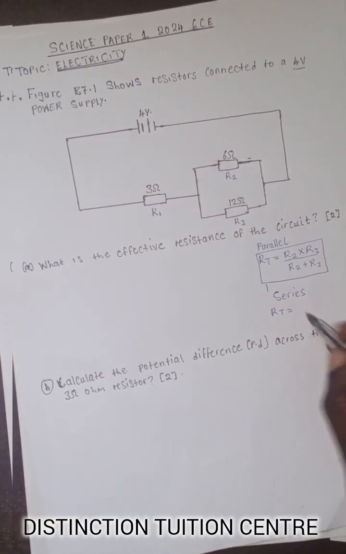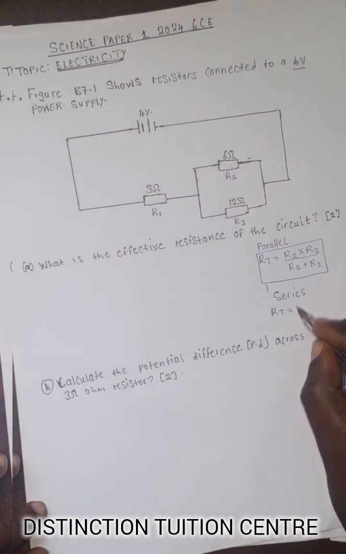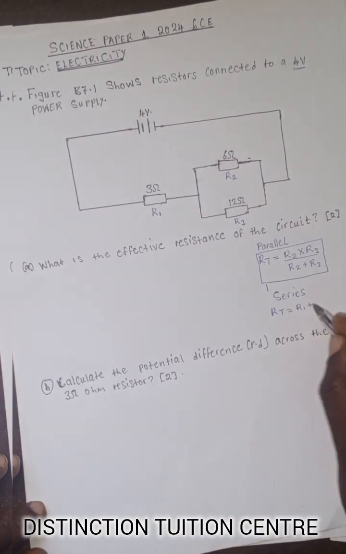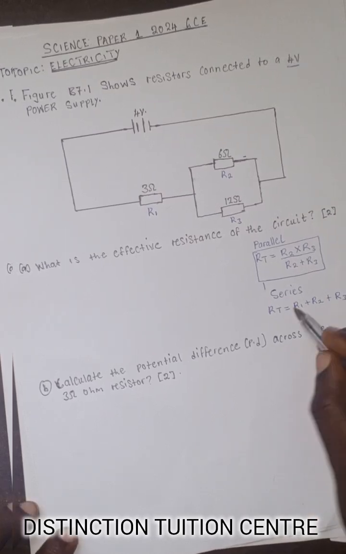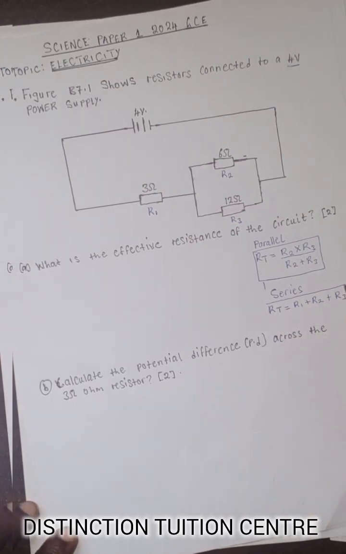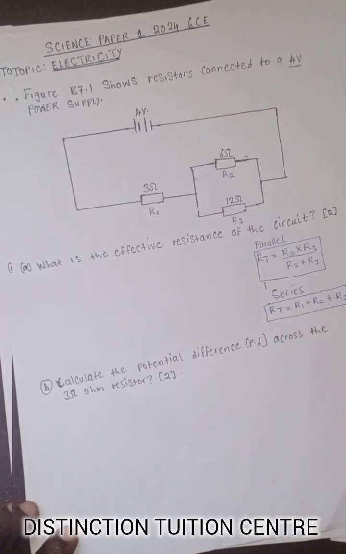Let's say we have 3 resistors: we would say resistor 1 plus resistor 2 plus resistor 3, if all 3 are connected in series.